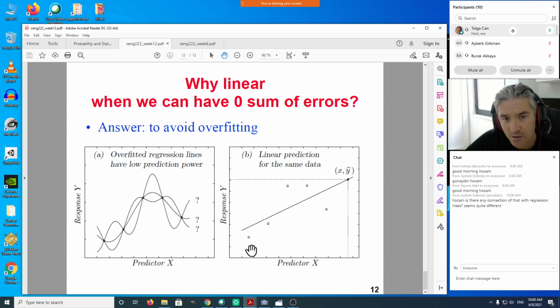I have no knowledge of regression trees in detail, but I think regression trees may be a combination of decision trees and linear regression, maybe. That's just my guess. Usually what happens is that in decision trees, for example, you have a tree of decisions.